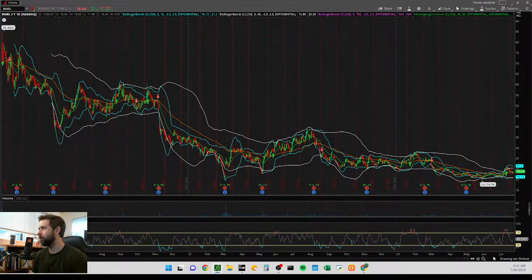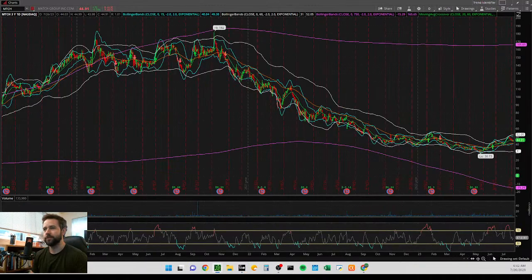Whoa, Bumble. Whoa, 3%. How's Match? Close behind. This has got to be a Google sympathy run. I'm up 2.6% on Bumble on a 50 basis point position. And then on Match, we're just not there yet.